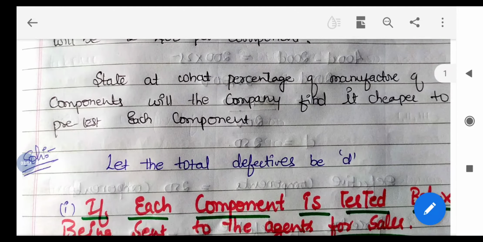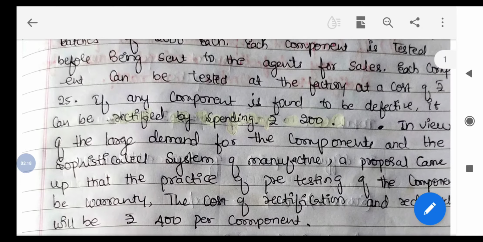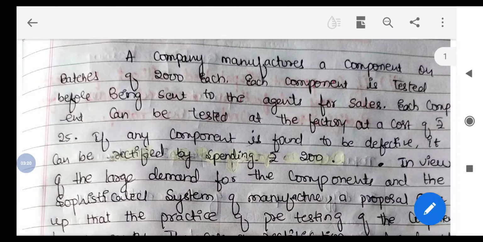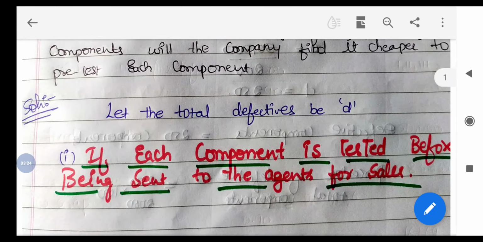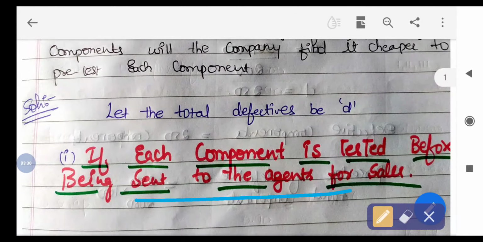For that we can assume the defective products as D. So we have two cases here: testing the product before selling, and not testing it before selling. First, if each component is tested before being sent to the agent for sale, what will be the cost?